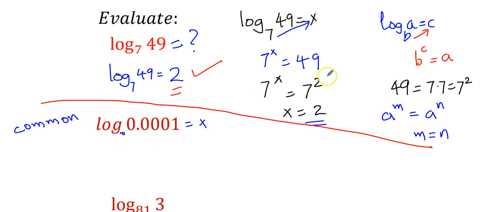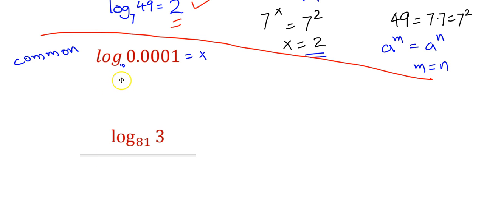So now again, using the definition of logarithms, I will write 10 to the power of x is equal to 0.0001. So our question is to find the value of x. In order to solve this problem, the best and easiest way is to convert both the sides of equality with the same base.